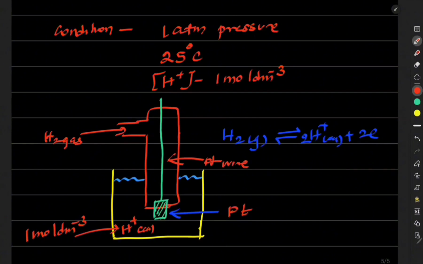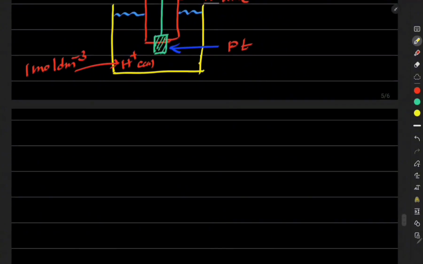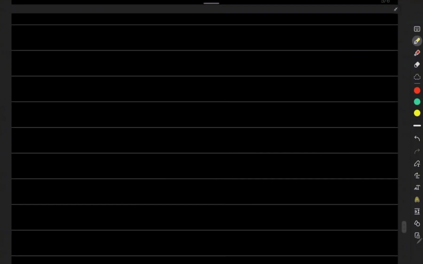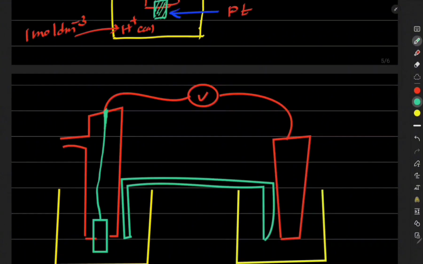Now let's see how we measure the potential of an electrode using the standard hydrogen electrode. Let's draw the cell. Okay, this is the structure, and this is a magnesium strip, and this is dipped into a solution.